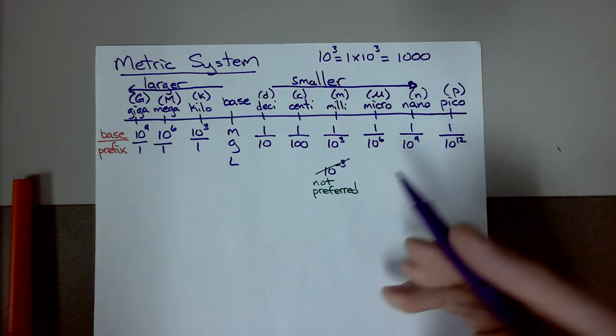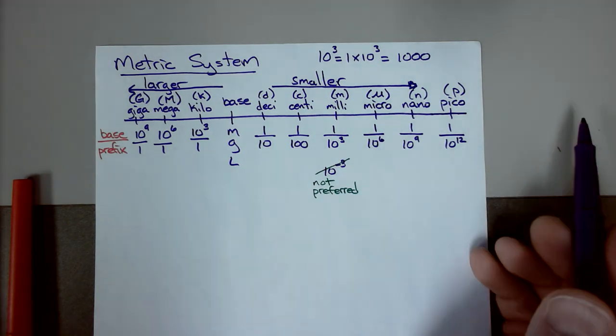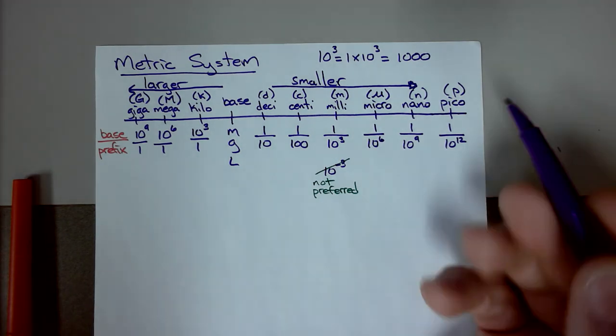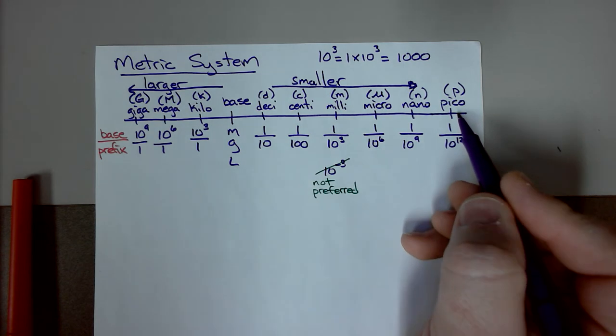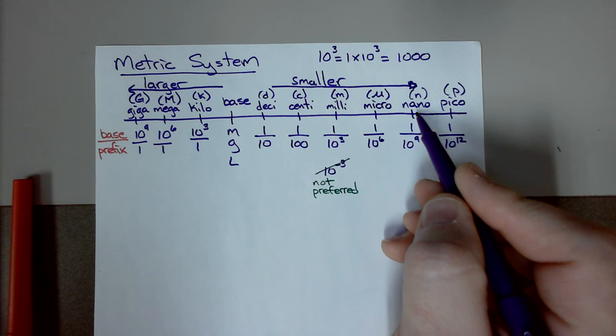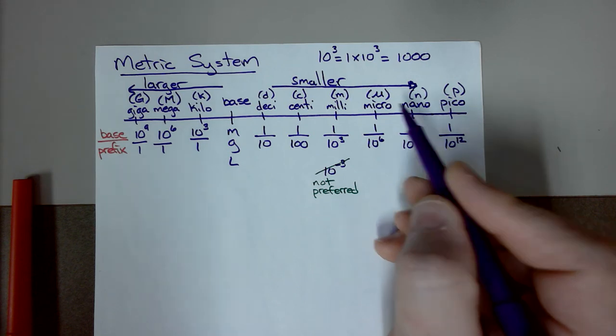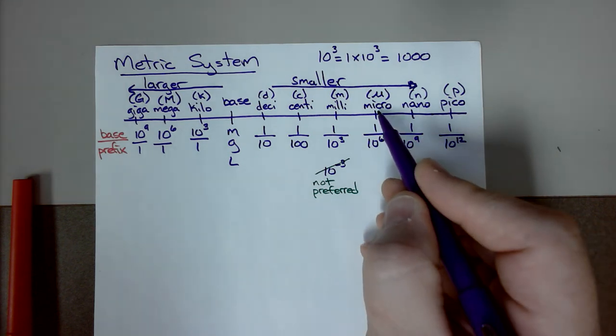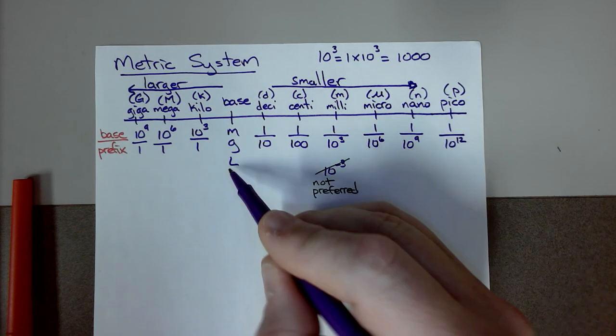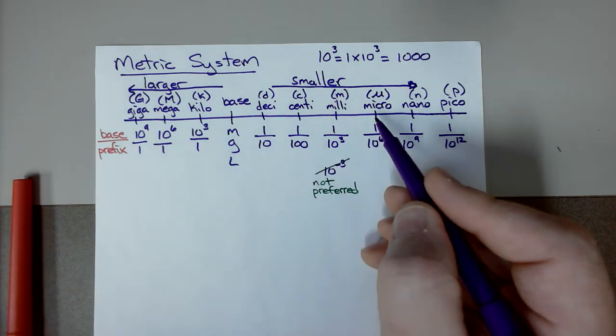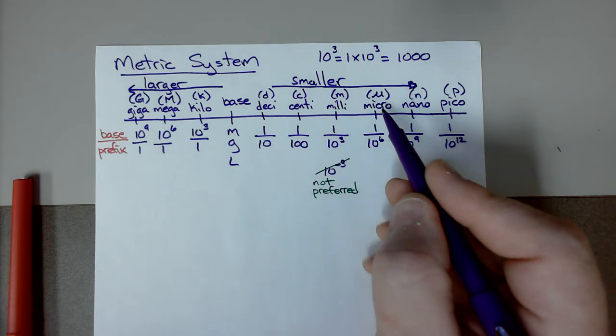Now it gets smaller, but we're going to stop here because we measure the size of an atom in picometers. We measure the size of molecules in nanometers. We do a lot of mass units and volume units in micro. Like whenever you take biology and you dilute things, you'll probably dilute things to the microliter.